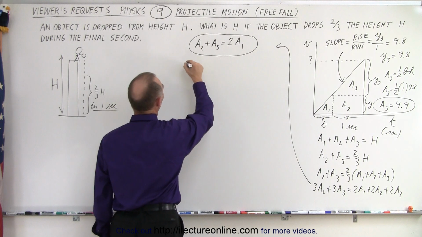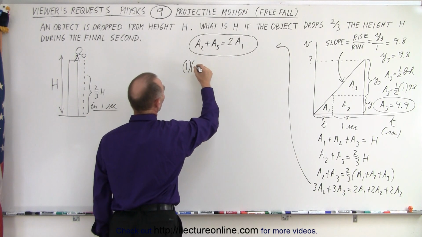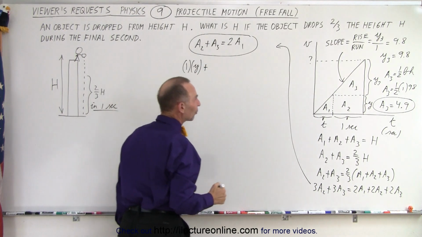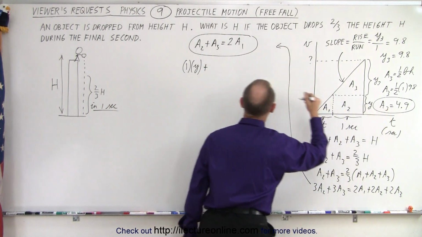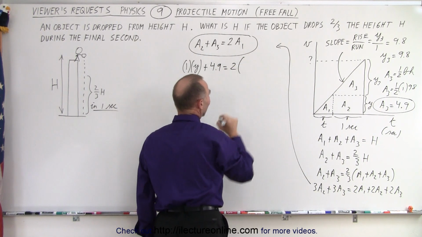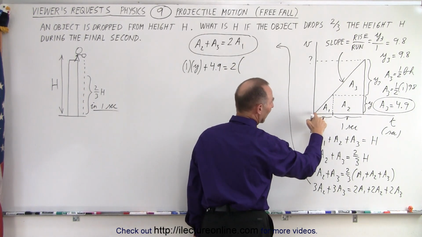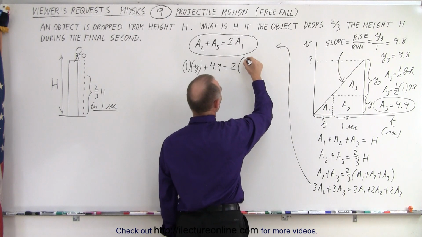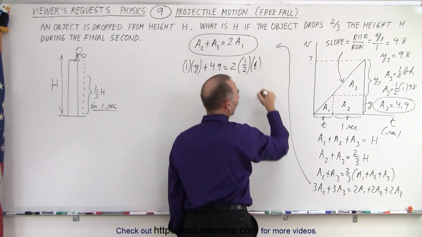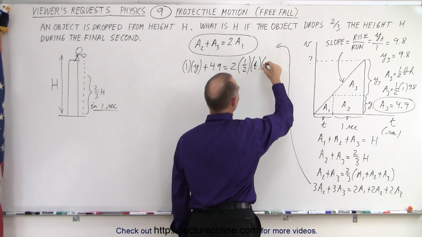So A2 will be 1 for the height times the width, which will be y, plus A3, we know what A3 is equal to, which is 4.9. 4.9 is equal to 2 times A1. Now A1 will be half the base times the height, so it would be 1/2 the base, which is t, times the height, which is y.